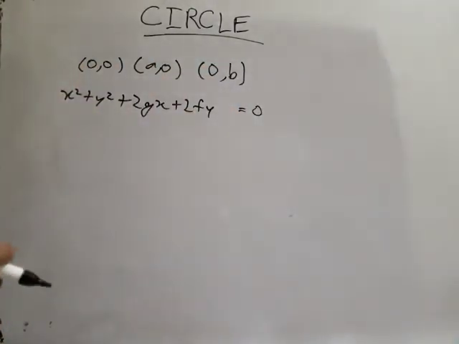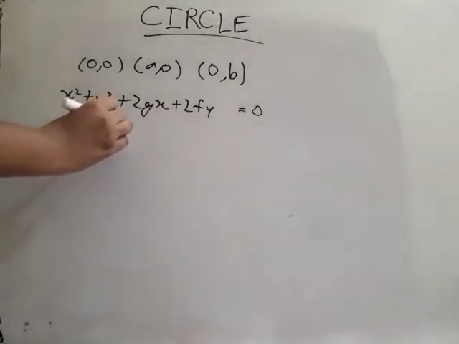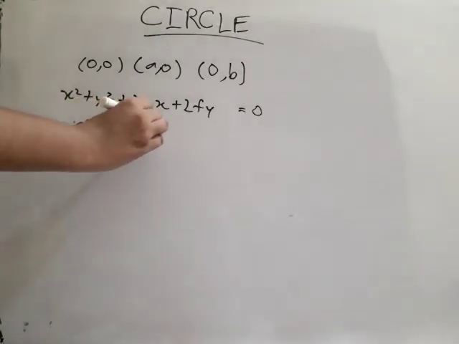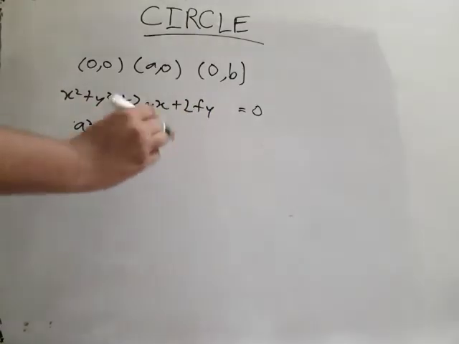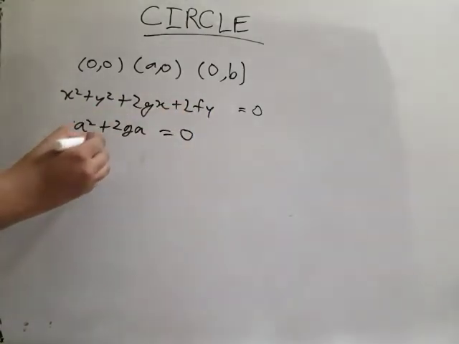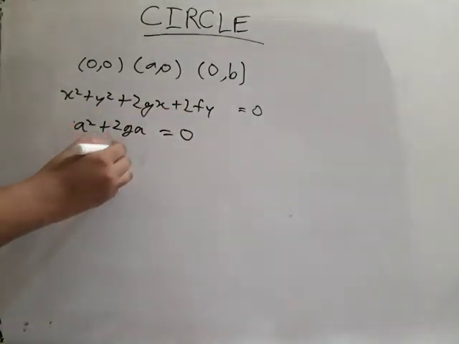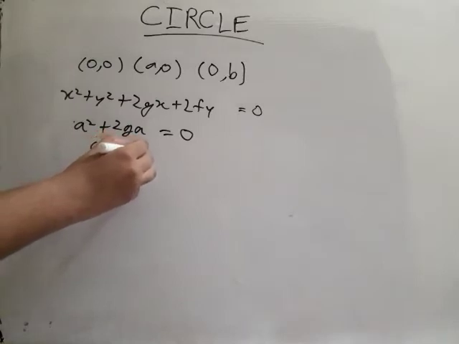Now if we put a comma 0, it becomes a square plus 2ga equal to 0. So we get the value of g as minus a by 2.